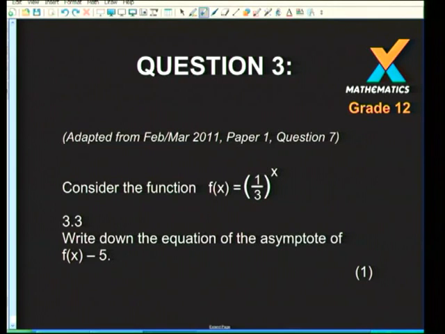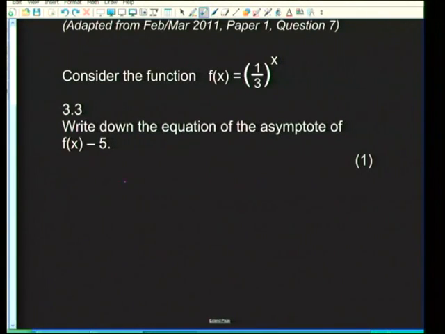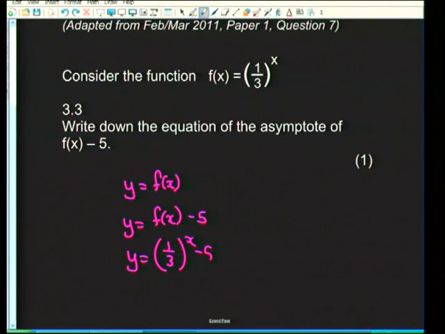Right, the next one says, write down the equation of the asymptote of f of x minus 5. Interesting. So now they're saying, instead of working with y equals f of x, work with y equals f of x minus 5. So y is equal to 1/3 to the x minus 5. It's only 1 mark, so they expect you to do this quite quickly.